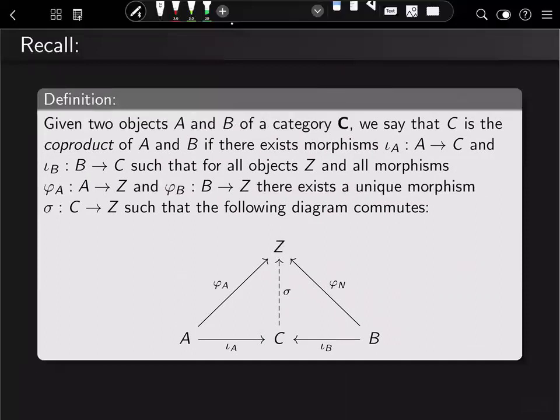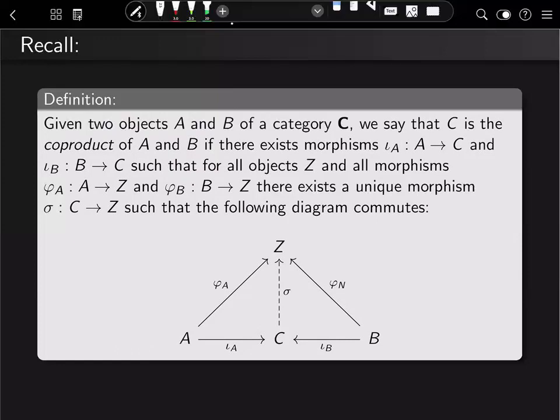So we say that given two objects, A and B, of a category C, we say that an object C is the coproduct of A and B if there exist morphisms, which we denote iota sub A that maps A onto C, and iota sub B that maps B onto C, such that for all objects Z and all morphisms phi sub A that maps A into Z and phi sub B that maps B into Z, there exists a unique morphism sigma that maps C into Z, such that the following diagram commutes.